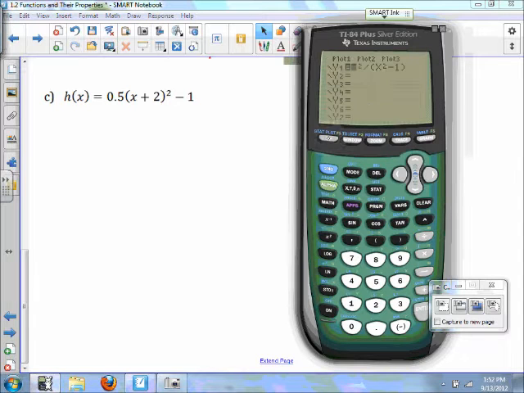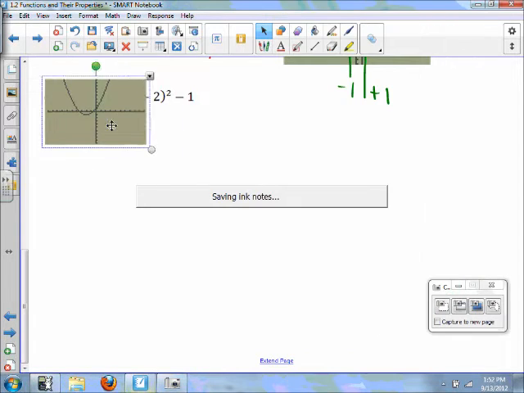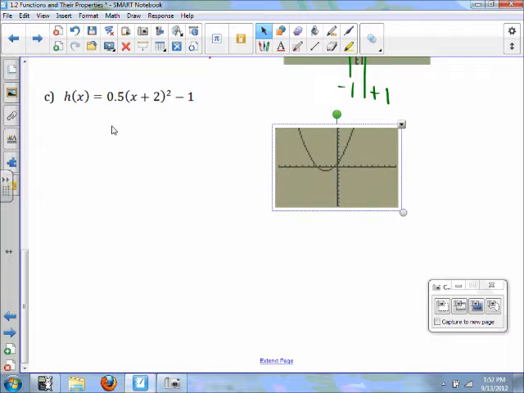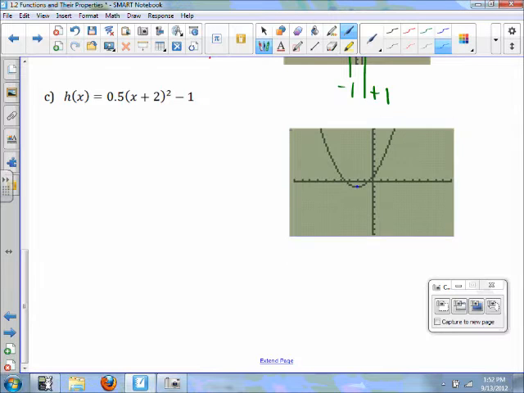Now looking at C, put 0.5 times x plus 2 quantity squared minus 1. All right, if we look at this, we know this point here will be -2.